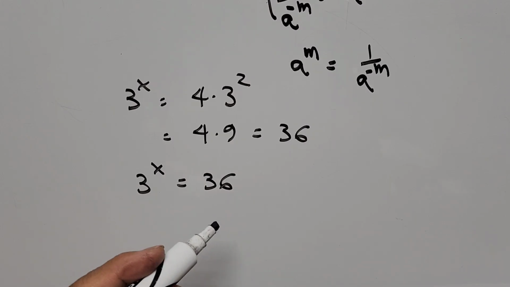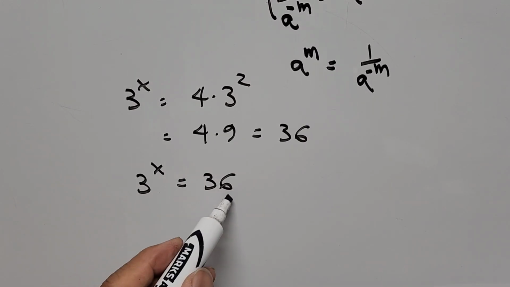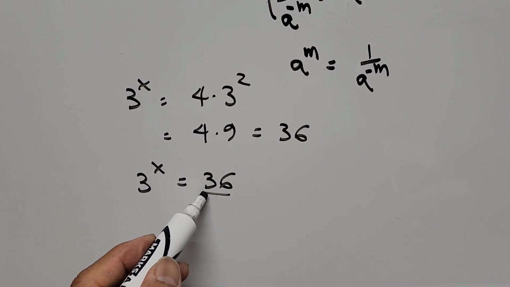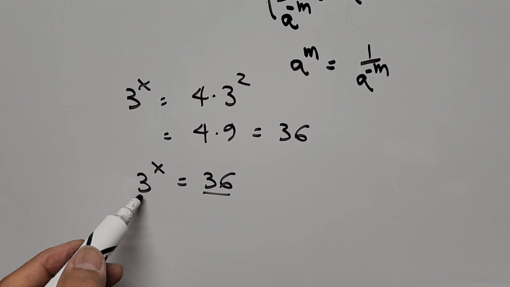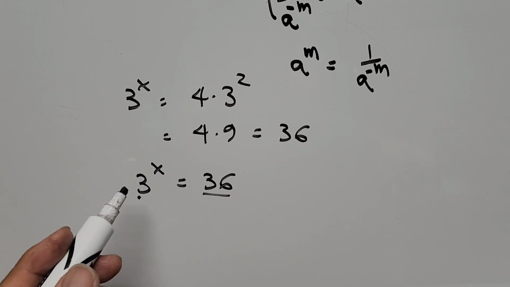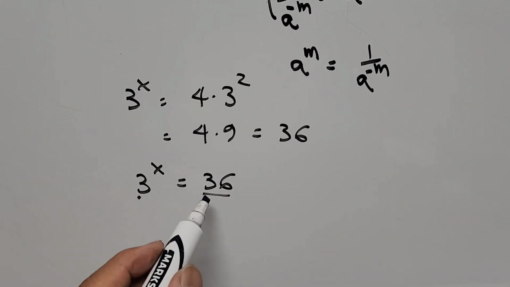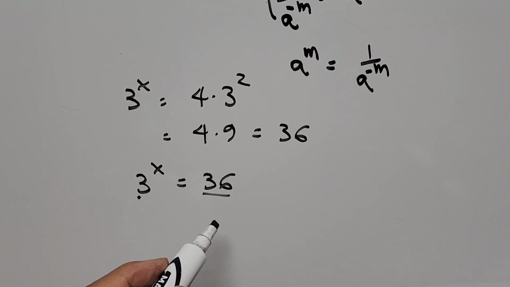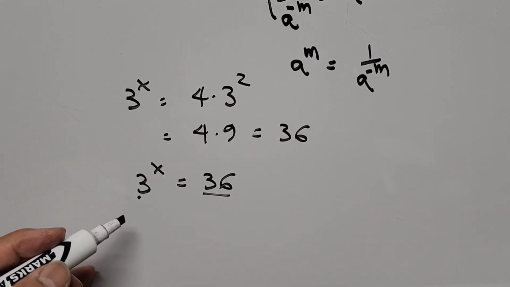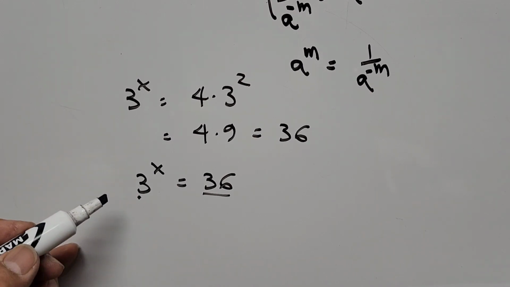Now if you notice, the right hand side, can we convert this to base 3 as what we have on the left hand side? There's no way we can convert this into base 3, right? So what we have to do now is use logarithm. So we take the logarithm on both sides of the equation now, or we can say the natural logarithm. That will be the same way.